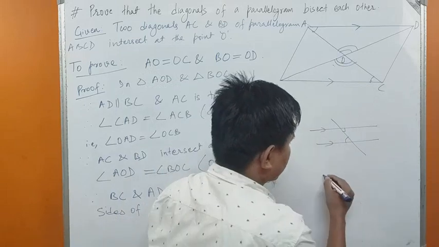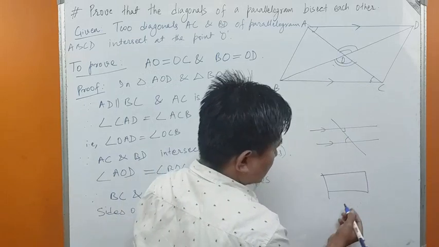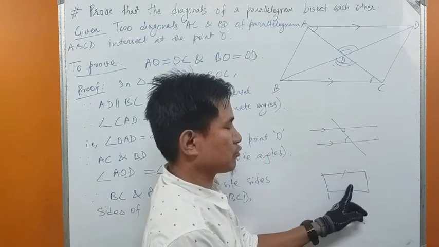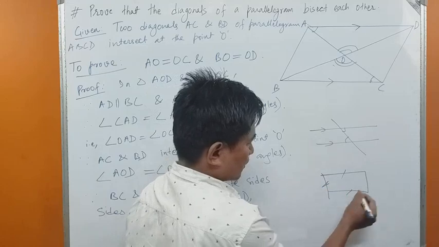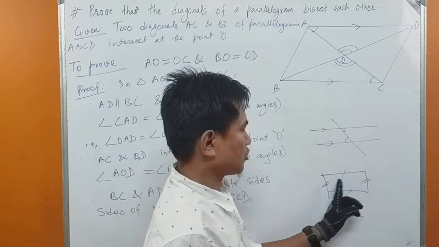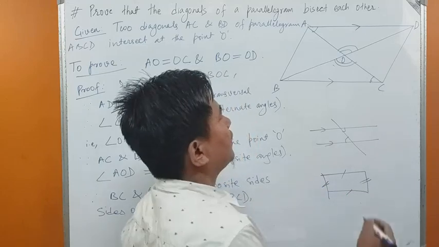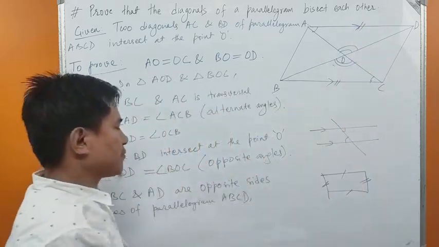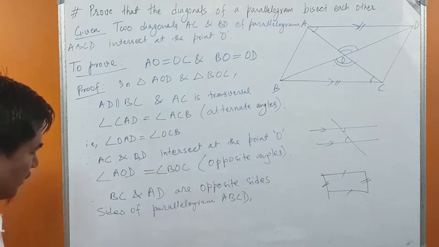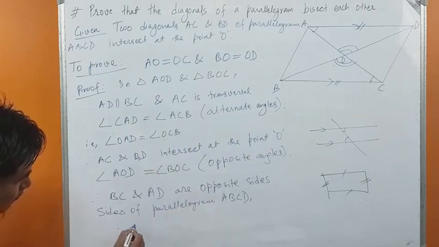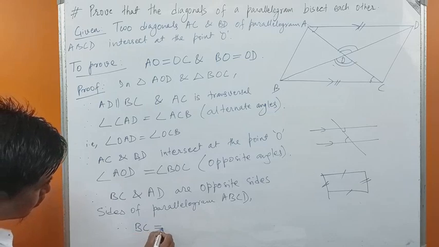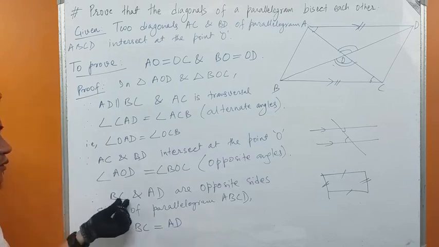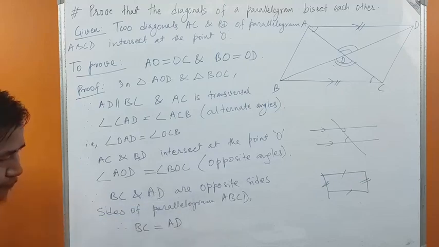Let me give an example. If we have a rectangle like this, this side and this side are the opposite sides of the rectangle, and these two sides will be equal to each other. Similarly, this side will be equal to this side. Opposite sides of a parallelogram are also equal, like in a rectangle, okay. Therefore BC equals AD, because they are opposite sides of the parallelogram.